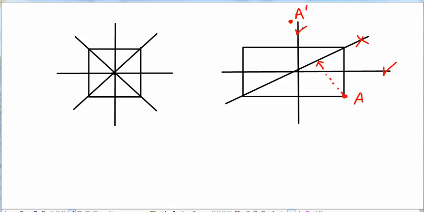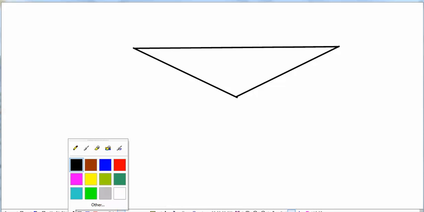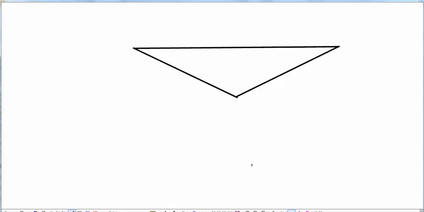Look at page 588. Triangle. Does it have rotational symmetry? No. Josh, why no?